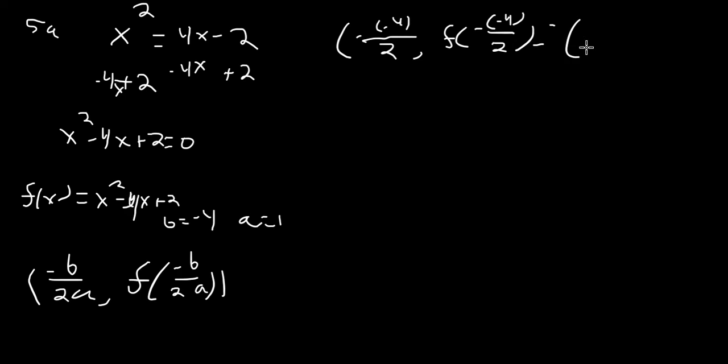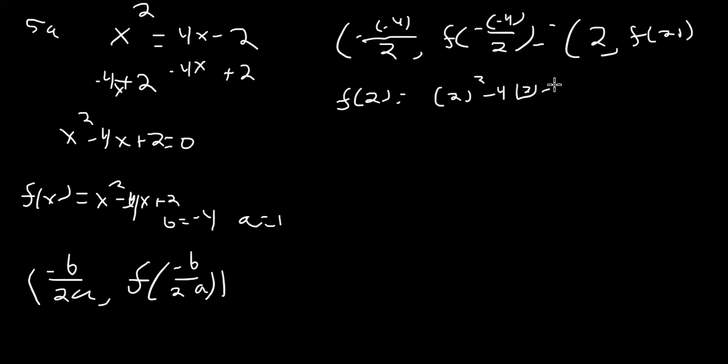This is simply 2 and then f of 2. So f of 2 is equal to 2 squared minus 4 times 2 plus 2, which is equal to 4 minus 8 plus 2, which is equal to negative 2. So we have the vertex at the point 2, negative 2.